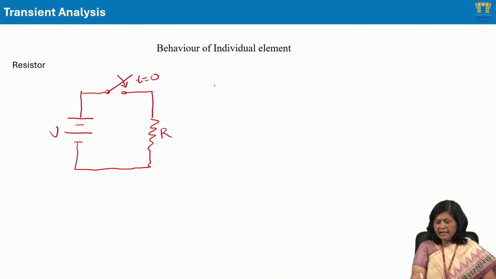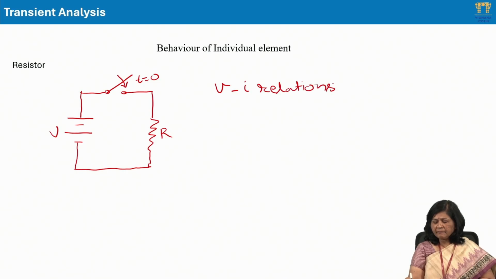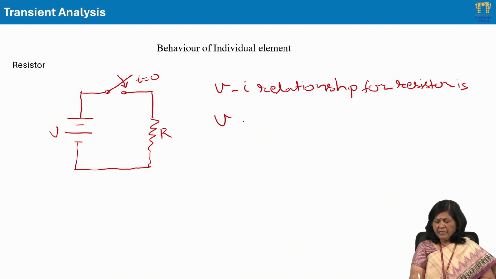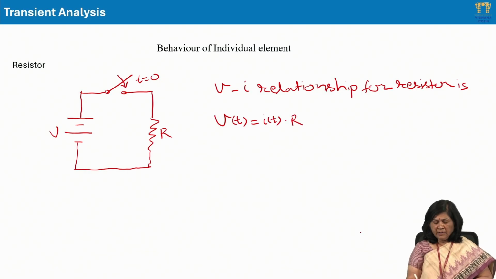We know the VI relationship is V of t equal to I of t into R. So I of t can be obtained as V of t by R.